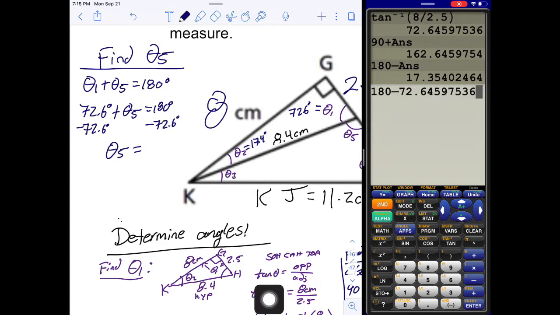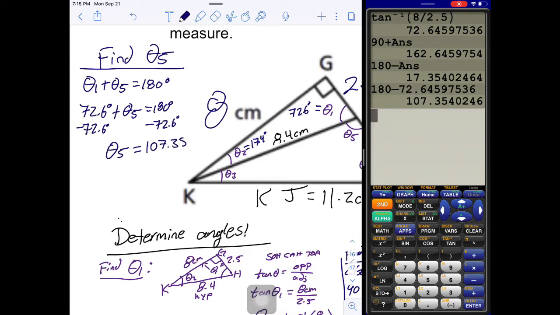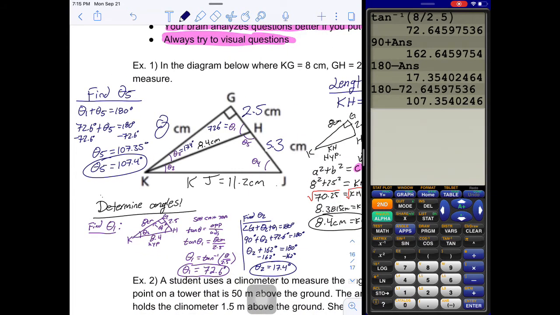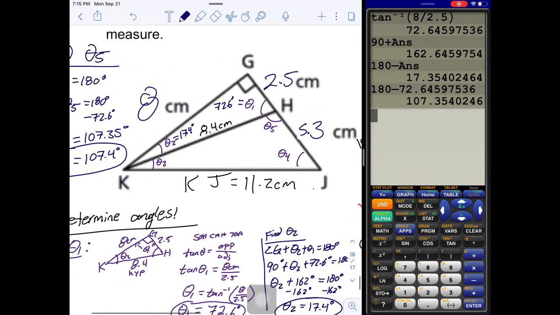And I'm going to press enter, and it should pop that answer up right there. So that gives me 107.35 degrees. So that means angle 5 equals 107.4 degrees. Okay, so there is some trig review right there for you. So now we have angle 5. Angle 5 equals 107.4 degrees.